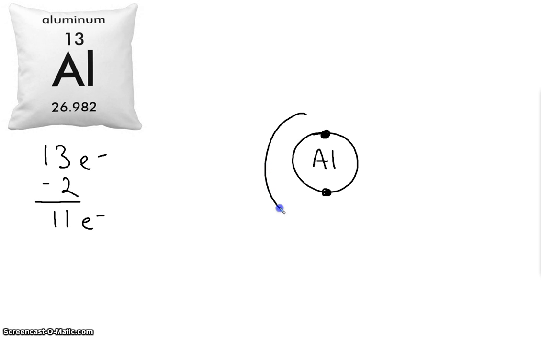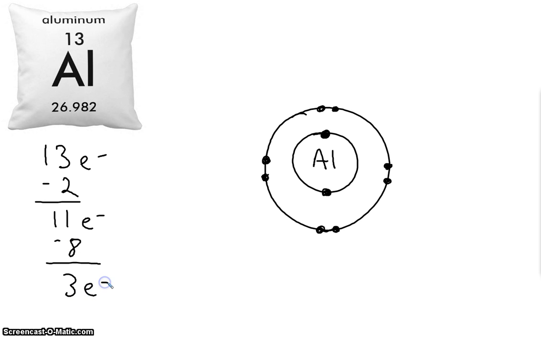Let's go to the second energy shell. How many can fit there? That's a pretty good circle. 1, 2, 3, 4, 5, 6, 7, 8. Let me get rid of this if I can. There we go. So we have 8, which leaves us with 3 electrons.